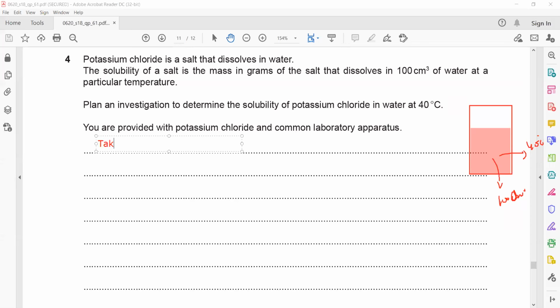So first what we'll do, we'll take 100 cm cube of distilled water. You should mention the apparatus as well in this planning of the experiment.